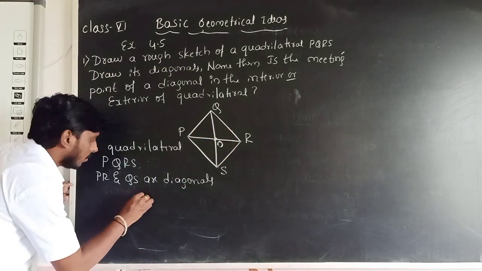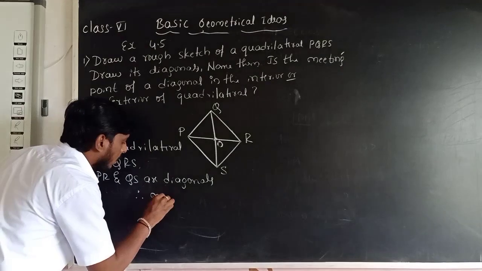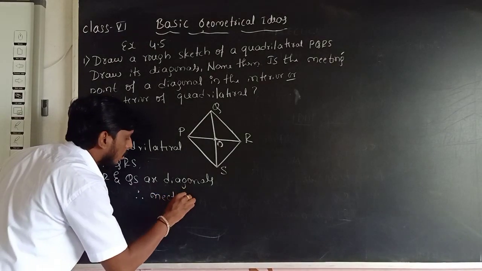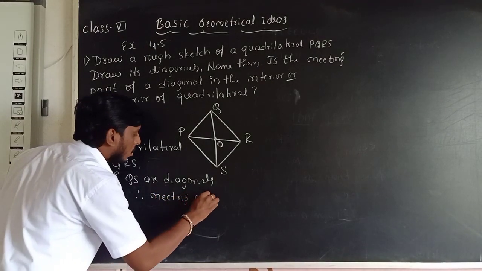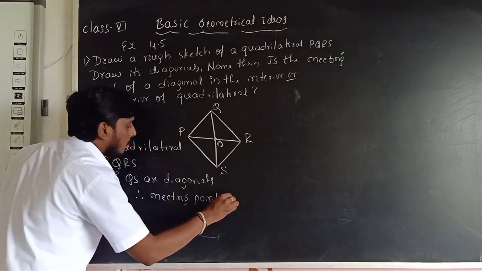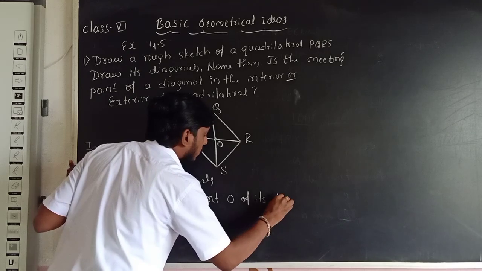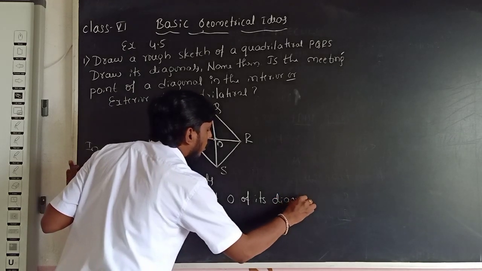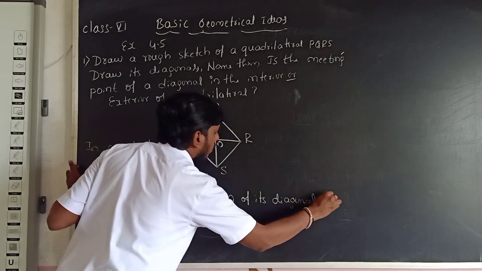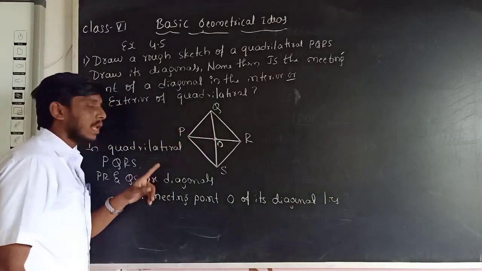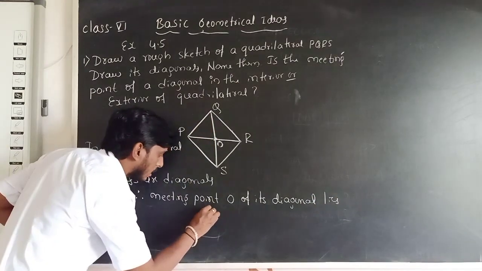Therefore, the meeting point O of its diagonals lies inside the quadrilateral.